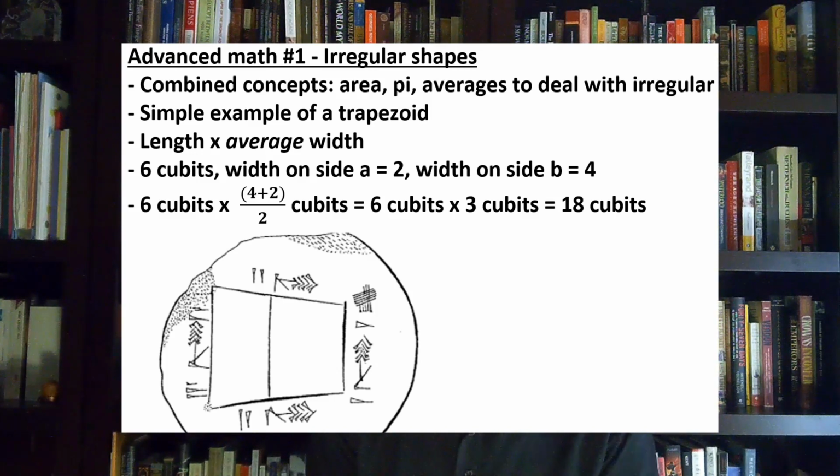So 6 cubits times that average number, 3 cubits, gives you 18 cubits for the area. This would be very simple for them. Did this all the time. And by the way, they did even more complicated ones where you have a circle connected to a trapezoid. Again, they would know how to use pi for getting the one portion, and then using this length times width calculation with averages to get the other. Very simple stuff for them.